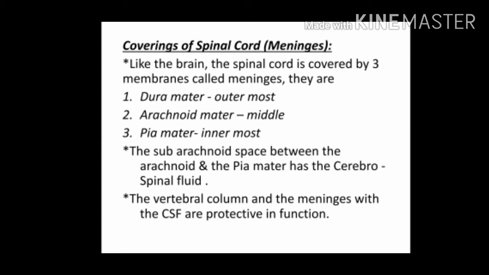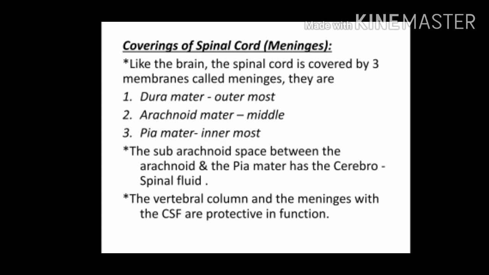Coverings of spinal cord. The membranes are known as meninges. Like the brain, the spinal cord is covered by 3 membranes called meninges. They are dura mater, which is the outermost membrane. It is hard and tough. Then we have the middle membrane known as arachnoid mater. The innermost membrane is known as pia mater.